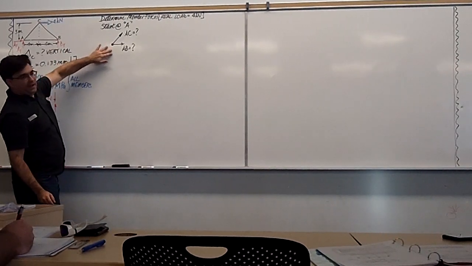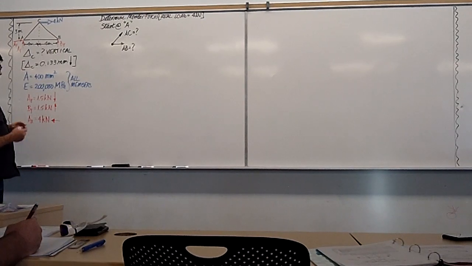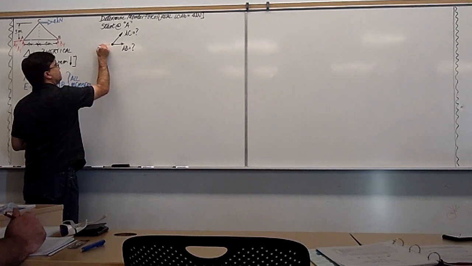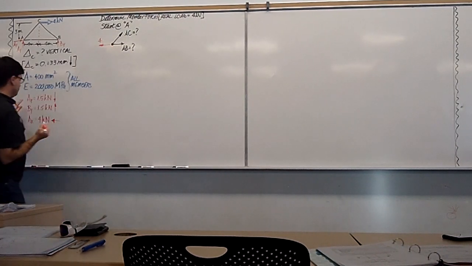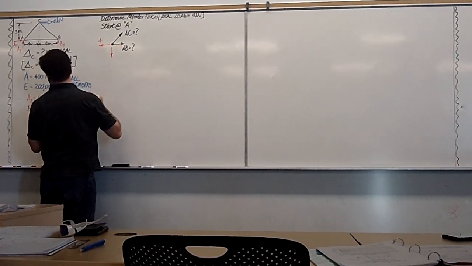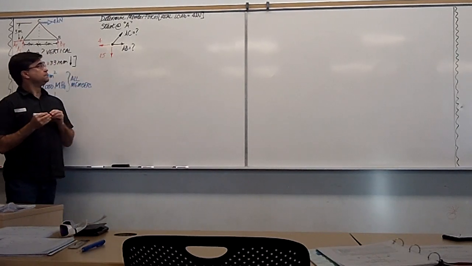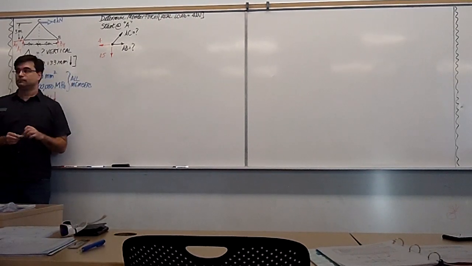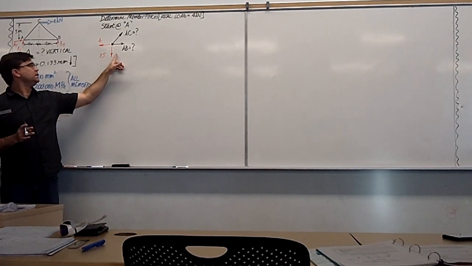And then on A, I'm also going to put on the reactions associated with A. So I know that AX goes this way, and it is 4. I know that AY goes this way, and it is 1.5. Is that okay for the free body diagram? Anything missing from here that we could do better?